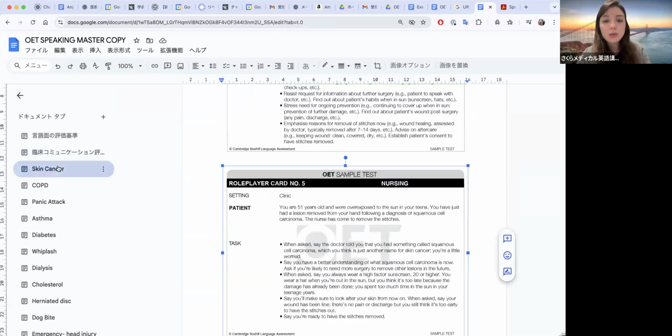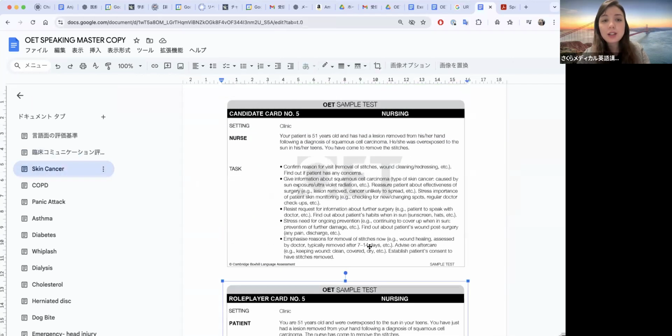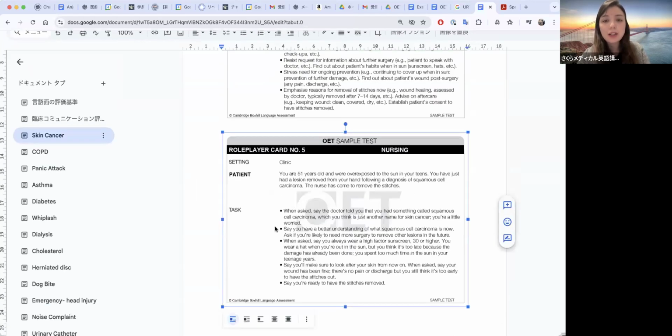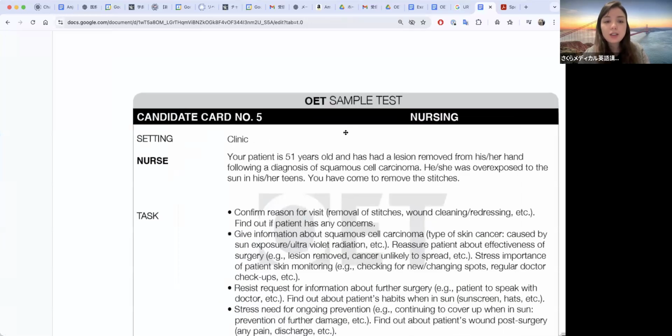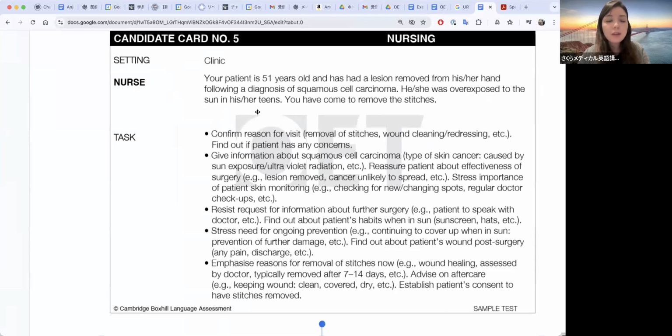Is it okay if I explain about blah, blah, blah? One good technique with signposting is here. So this is a candidate card. This is a card that the students will be looking at when they do the role play. They don't get to see the role player card. So this is what the examiner will be looking at, and this is what the students will be looking at. So one technique for signposting is using these words that come up first. So, may I confirm why you're here today?